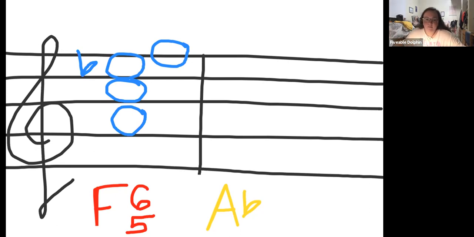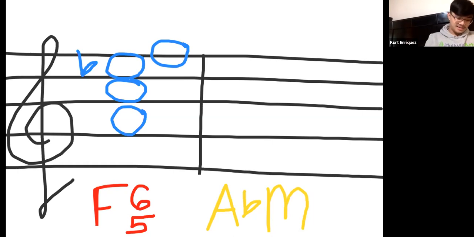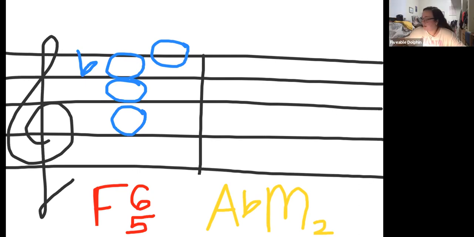Third inversion means that... So remember, write out the root position chord first. It'll help you.